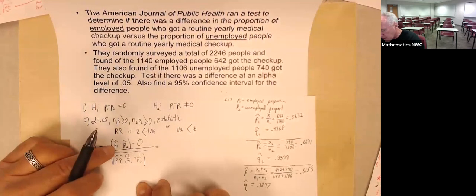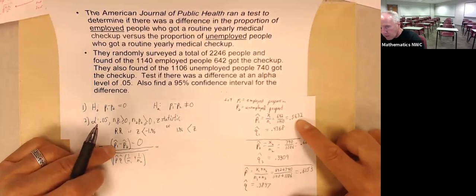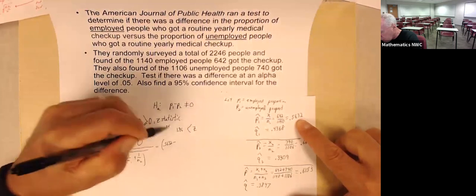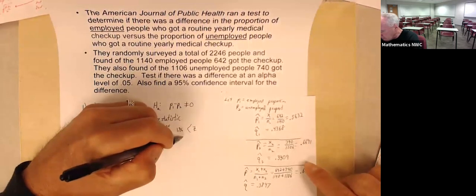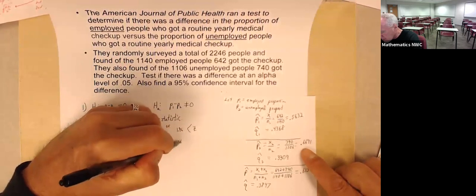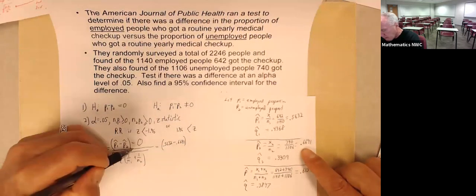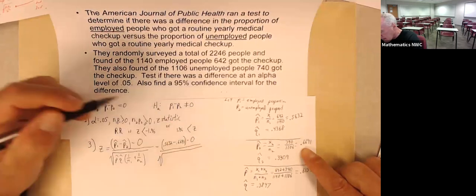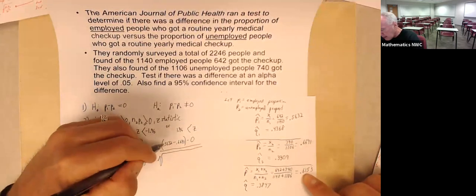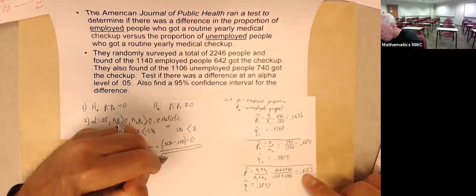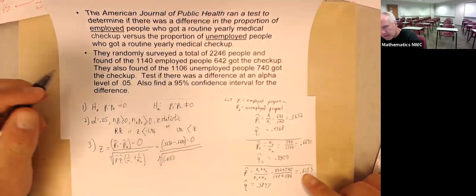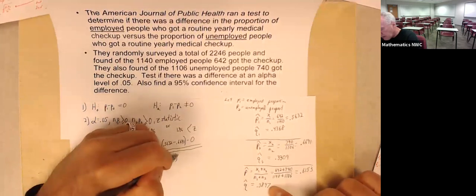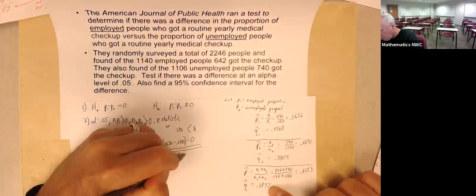Some substitutions here. P1 hat we found over here to be 0.5632 minus P2 hat is 0.6691 minus 0, divided by the square root. P hat general is 0.6153. Q hat general is 0.3847.